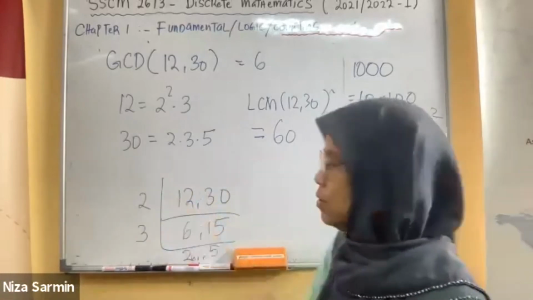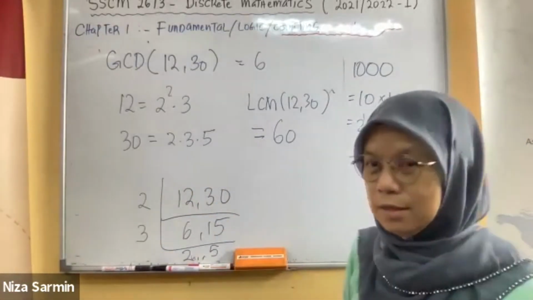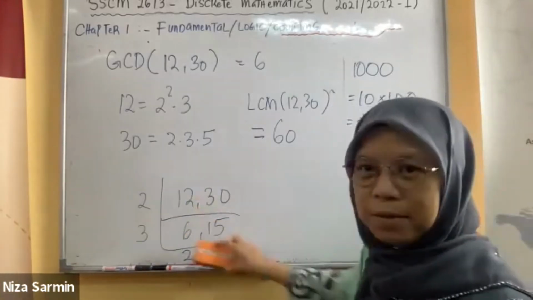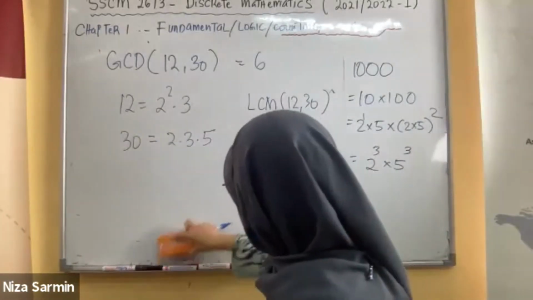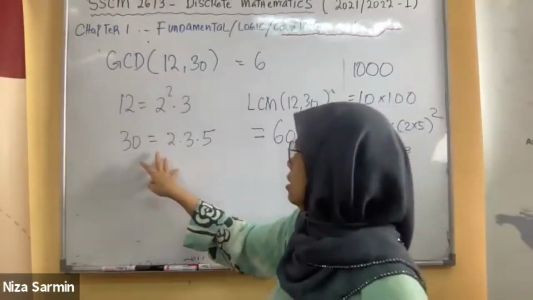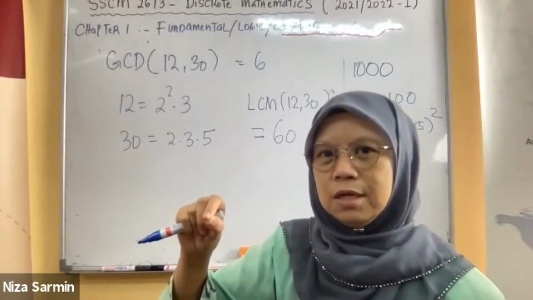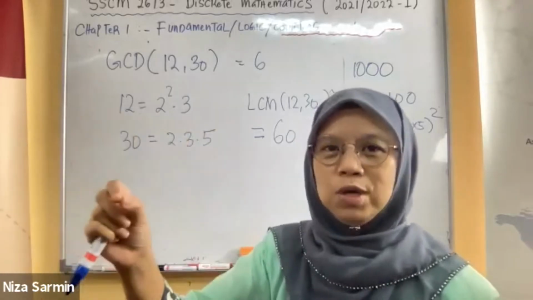This way. And there's another way that I learned during my discrete class. The GCD is by taking each prime to the lower power.